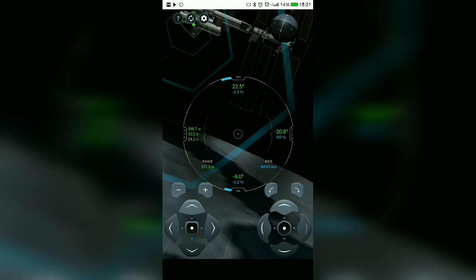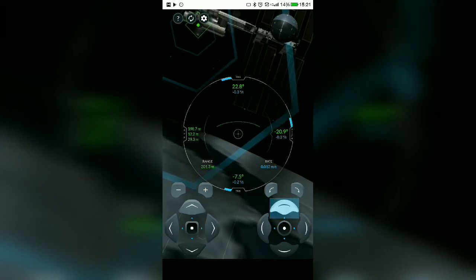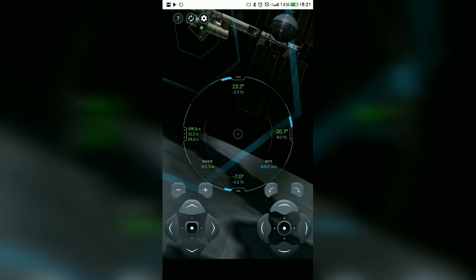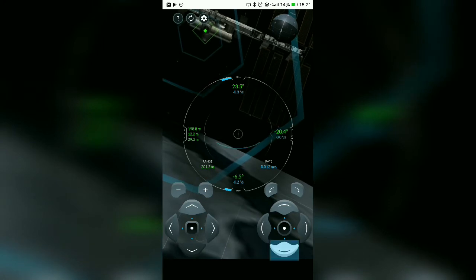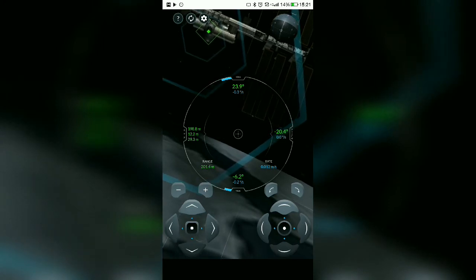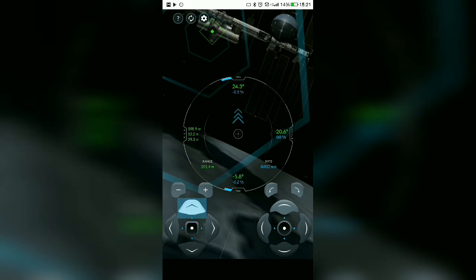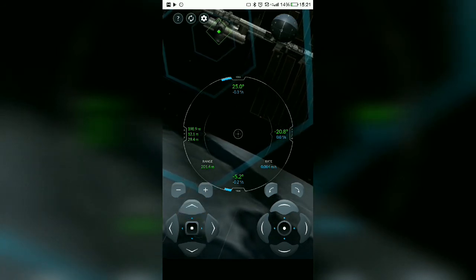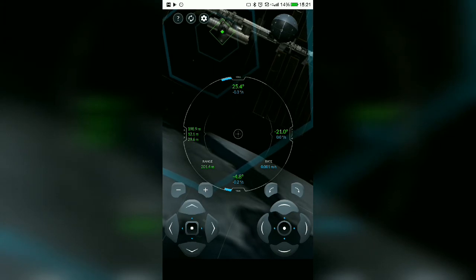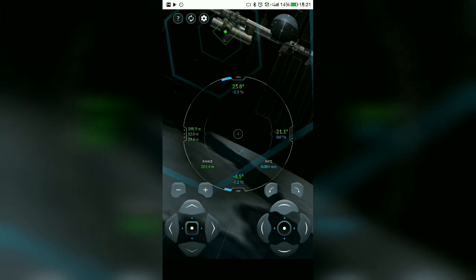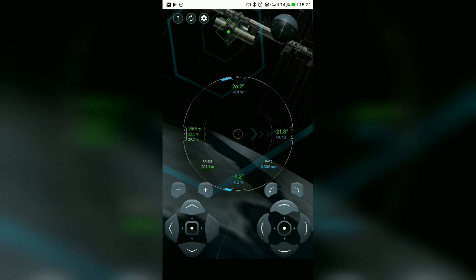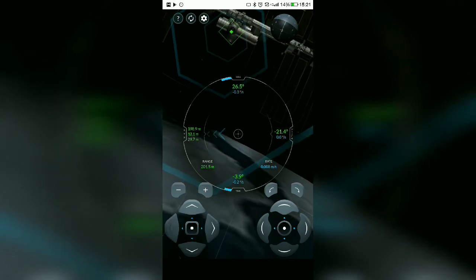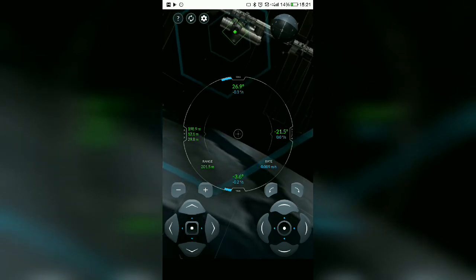This is for yawing towards the right side. This is for pitching up the vehicle, and this is for pitching down. This will translate the vehicle up, this will translate it down, this will translate it right, and this will translate it left.